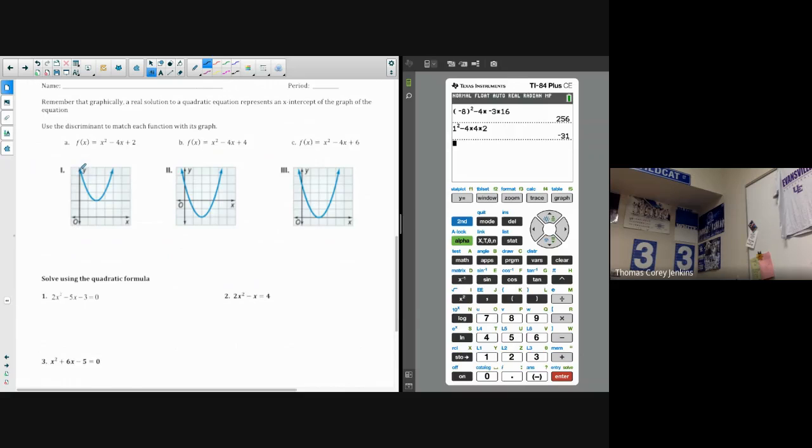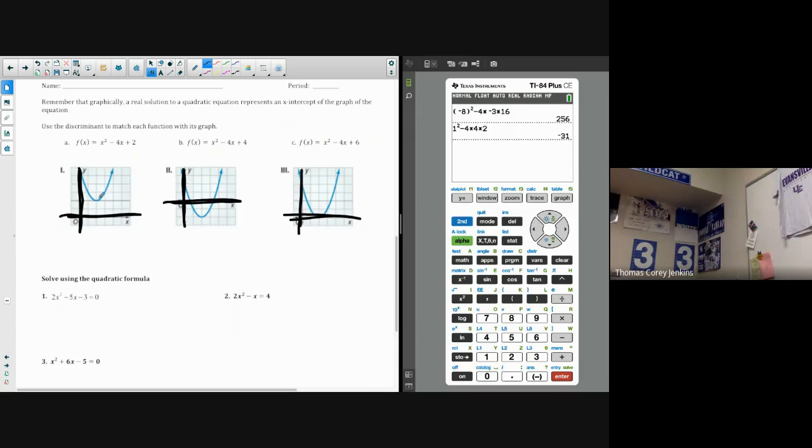On this first one, this is my y-axis, this is my x-axis. It's kind of hard to see with that line right there. Same kind of deal here. Y-axis, x-axis. Okay, so let's go ahead and see.